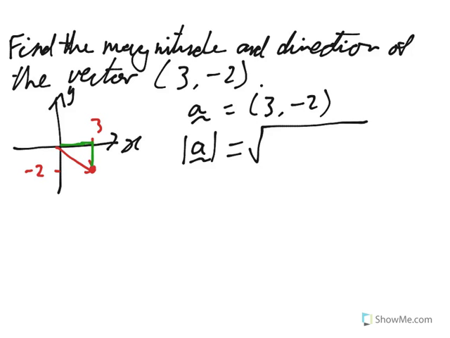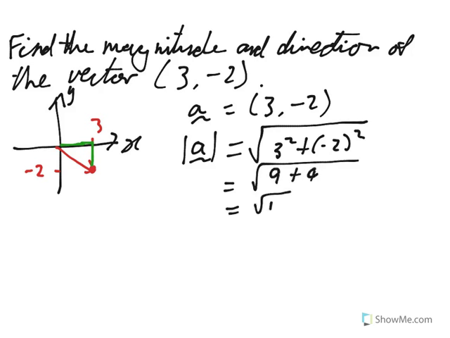And when we rearrange that, vector A, of course, the magnitude of it is our hypotenuse. And so 3 squared plus -2 squared. So 9 plus 4. So square root 13.